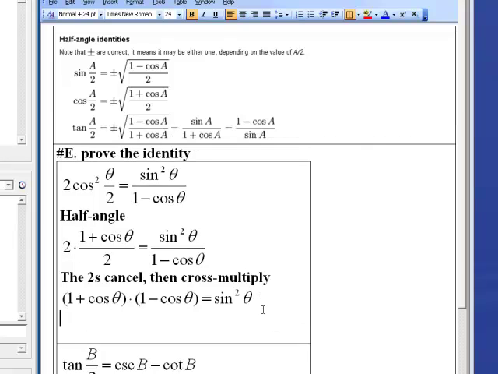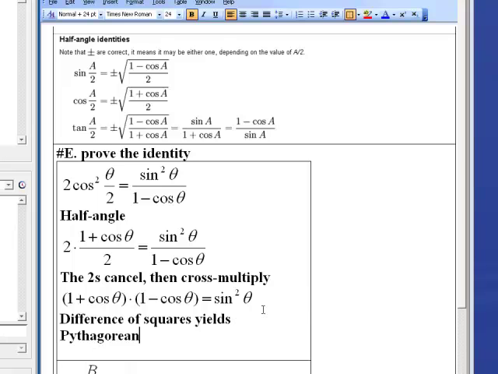And so at this point, the difference of squares yields the Pythagorean theorem. And we're done. I don't think I need to show this anymore because we had looked at this before. We have come across this particular one a few times.